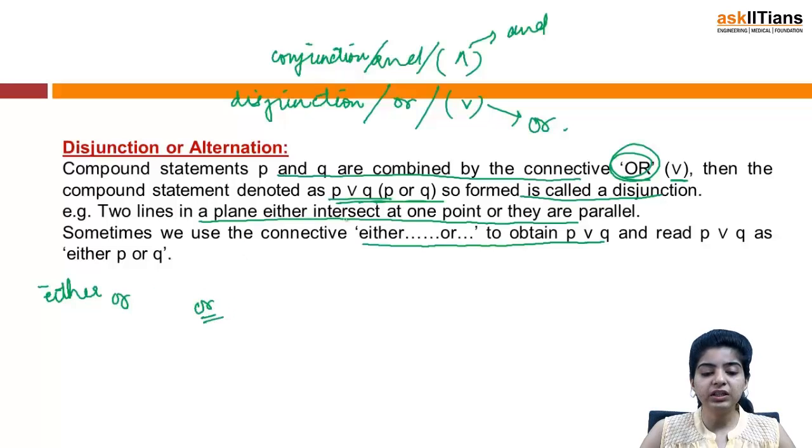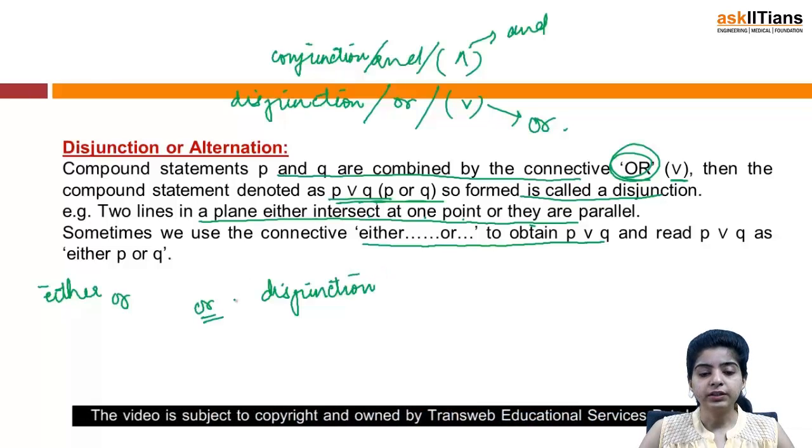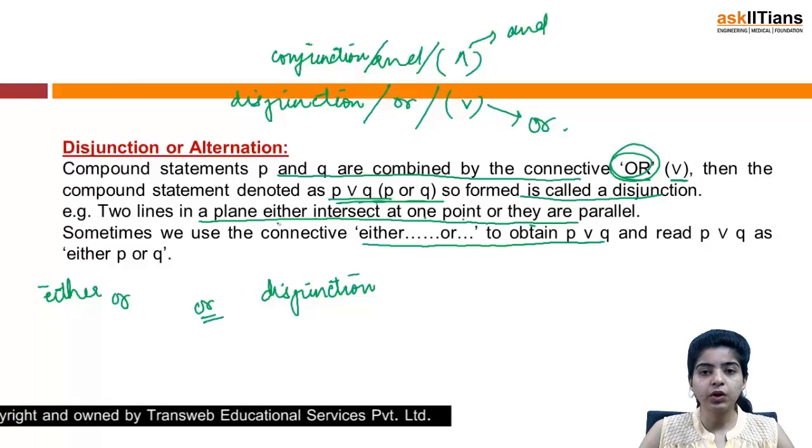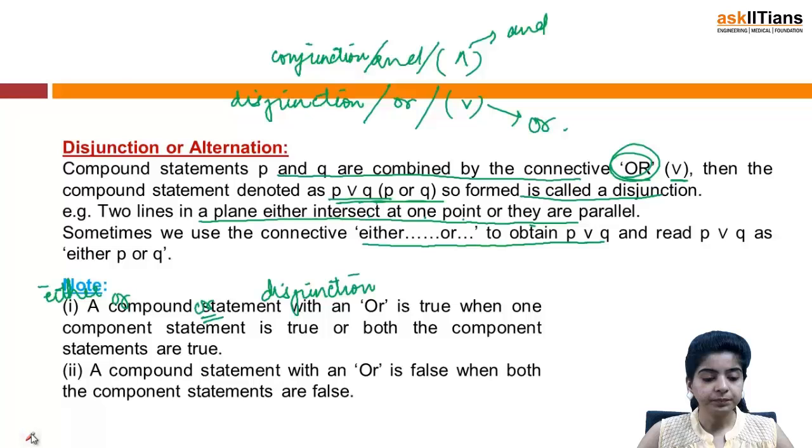Two lines in a plane either intersect at one point or they are parallel. So this is an example of disjunction. We'll also discuss the truth table for OR as we discussed for AND, that is conjunction. Further, we have some important points on disjunction.